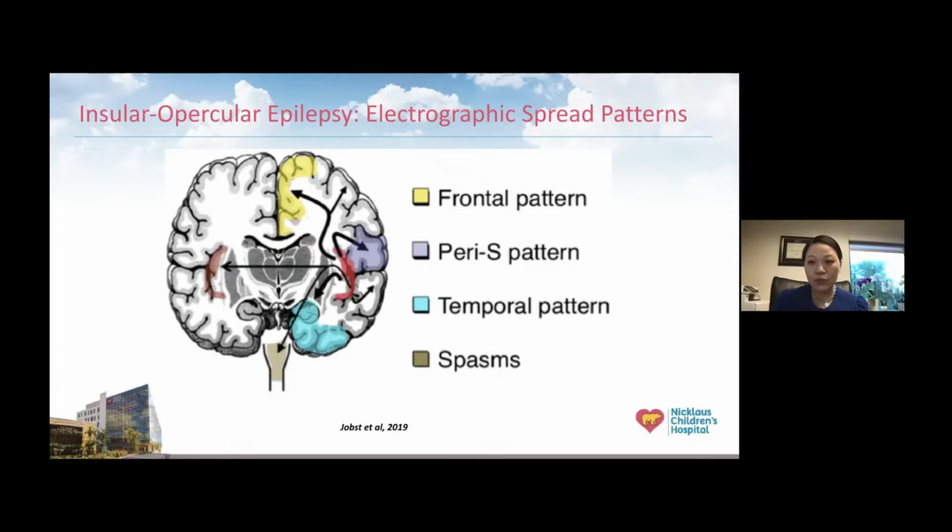But as I mentioned previously, it can manifest with spasms and even contralateral spread very quickly. However, there are some specific characteristics of insular seizures that include vegetative and somatosensory symptoms, according to the complex physiology and extensive connections of the insular cortex.